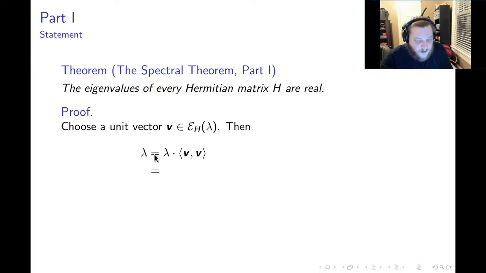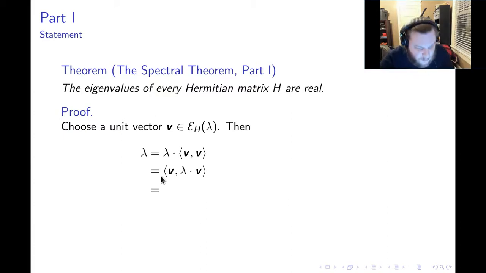So lambda is certainly equal to lambda times 1. Great. Now, we're going to push lambda into the second slot of our inner product. Remember that we can always push a scalar into an inner product. If we push it into the second slot, we don't have to change the number. But if we push it into the first slot, we have to conjugate the number.